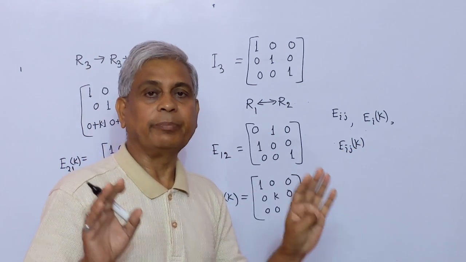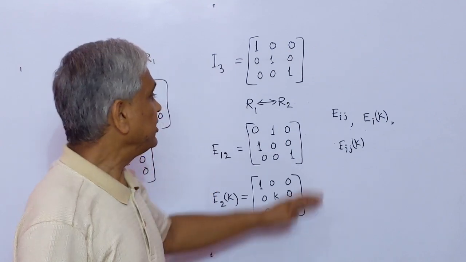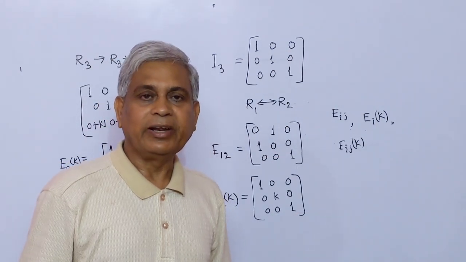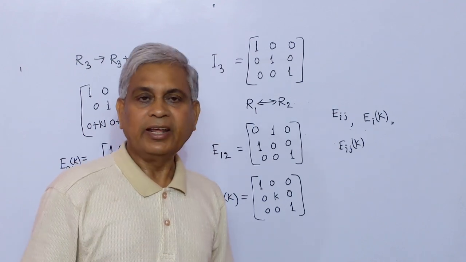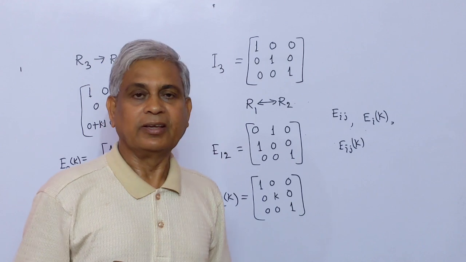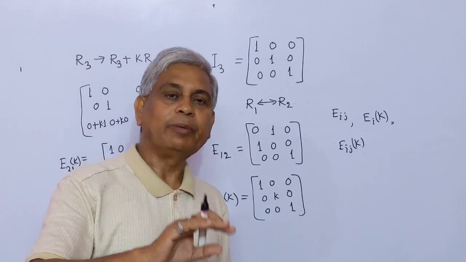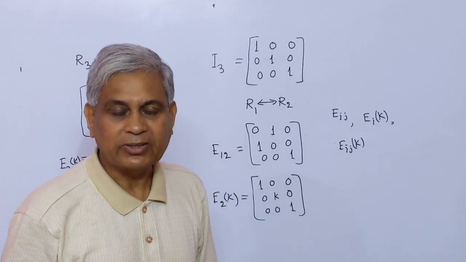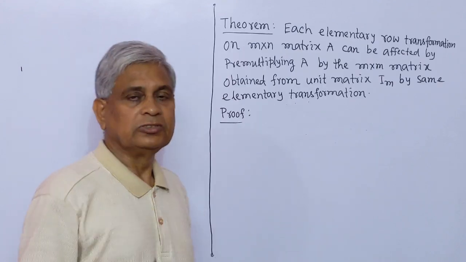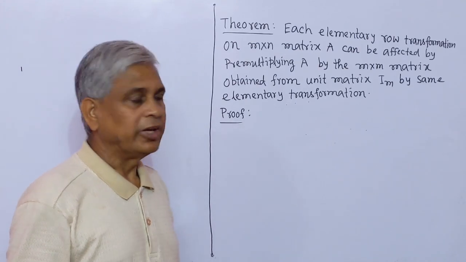This is the only basic difference. So these are elementary matrices. We apply these elementary matrices for getting elementary transformation of any matrix, that is pre-multiplication or post-multiplication by an elementary matrix. Now we prove a theorem.